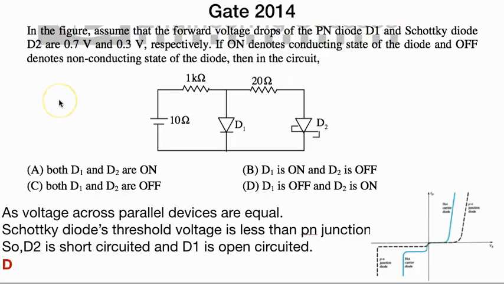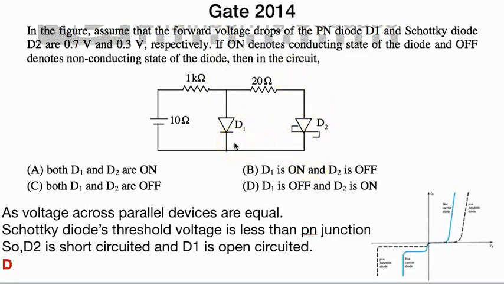Now look at one of the 2014 GATE examination questions. It is about a Schottky diode and a normal diode. Both diodes are connected in the forward direction, but one has a potential of 0.7 and the other 0.3. I've already given you the answer, but try to solve it by yourself. You will find that across the parallel junctions, you won't have two different voltages.